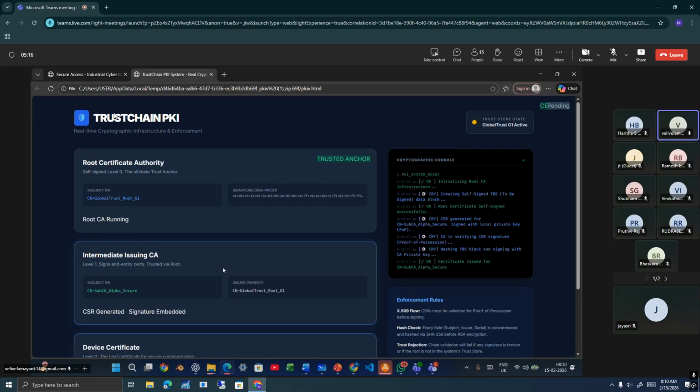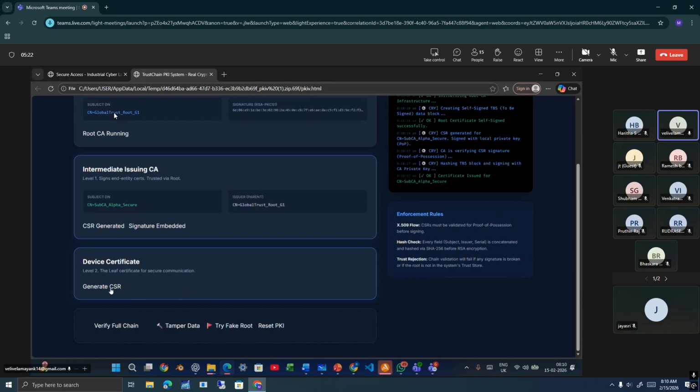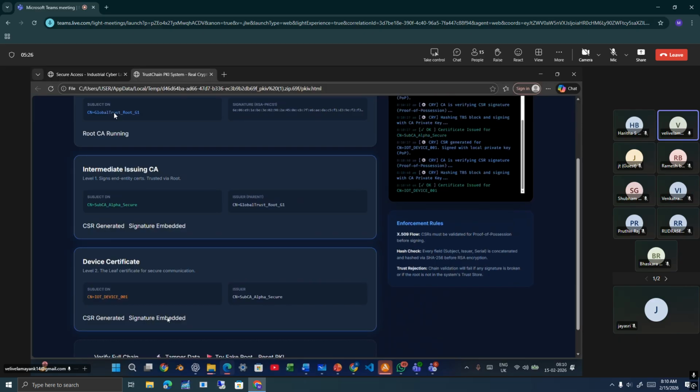Then you will generate device certificates also. Then you will sign with the intermediate certificate. But the intermediate certificate is signed by the root. That is the reason root is already verifying everyone.